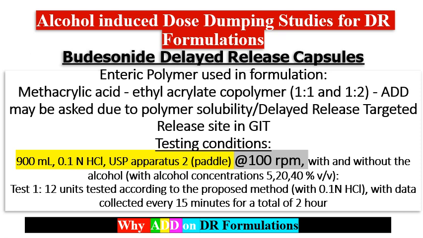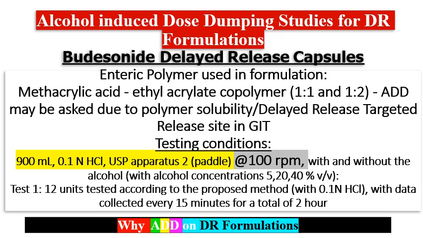So there is a specific site in the GIT where the product will release the contents. For that, alcohol induced dose dumping dissolution studies are required for this product. Interestingly, the media is 0.1 normal HCl 900 ml, USP apparatus 2 paddle, and the speed is 100 rpm.